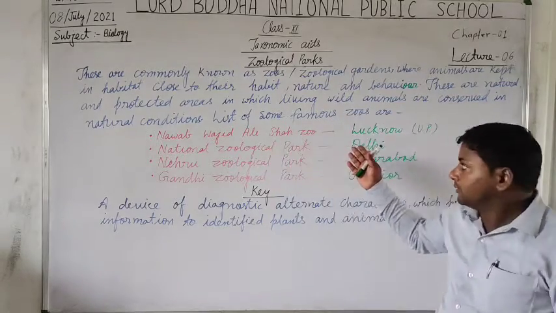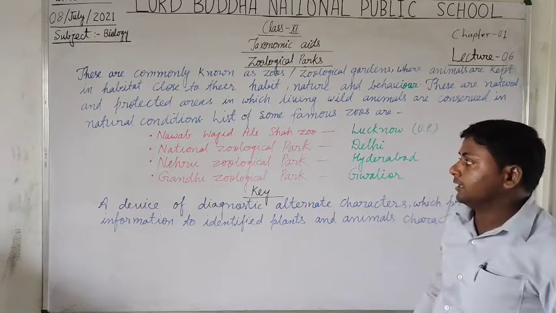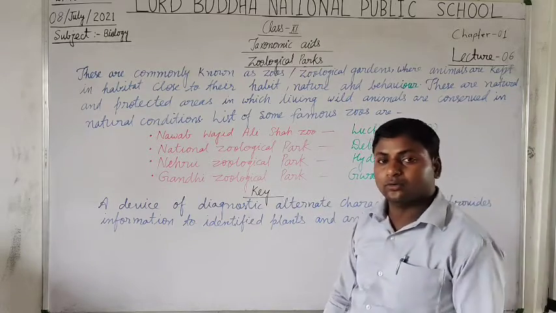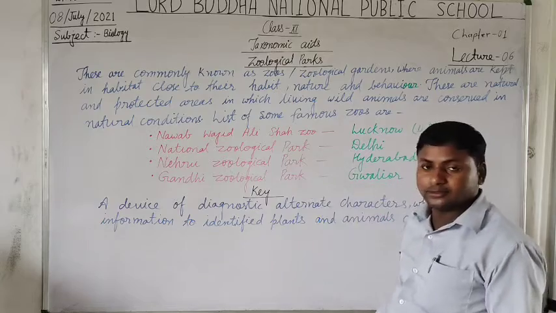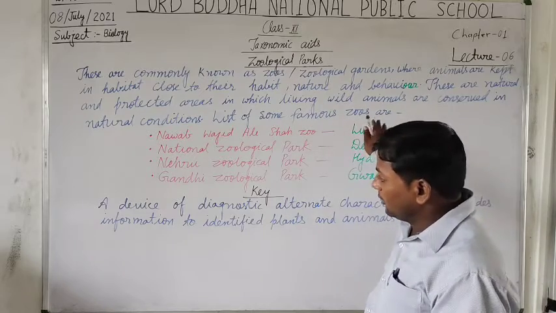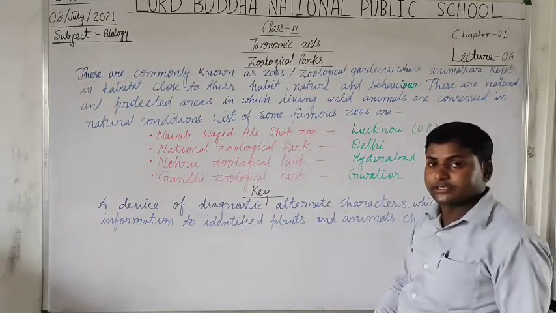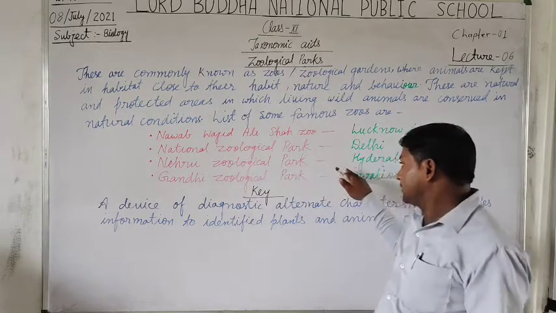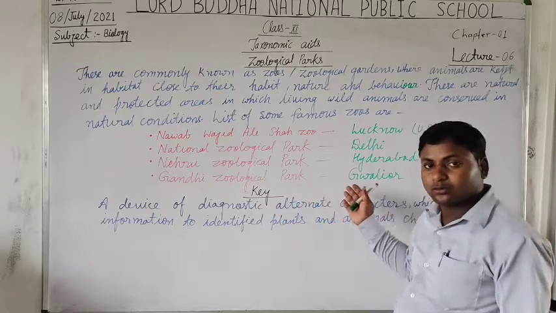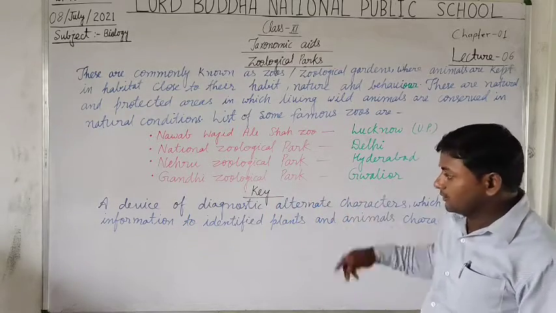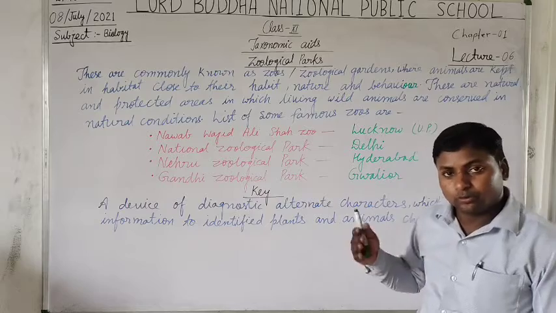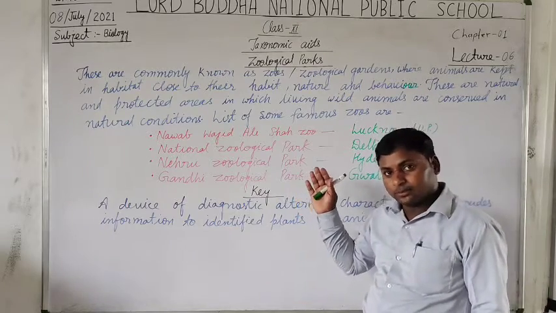Some famous zoos are the Nawab Wajid Ali Shah Zoo, situated in Lucknow, Uttar Pradesh; the National Zoological Park in New Delhi; Nehru Zoological Park in Hyderabad; and Gandhi Zoological Park in Gwalior. These are important and not only famous in India but world famous zoological parks.